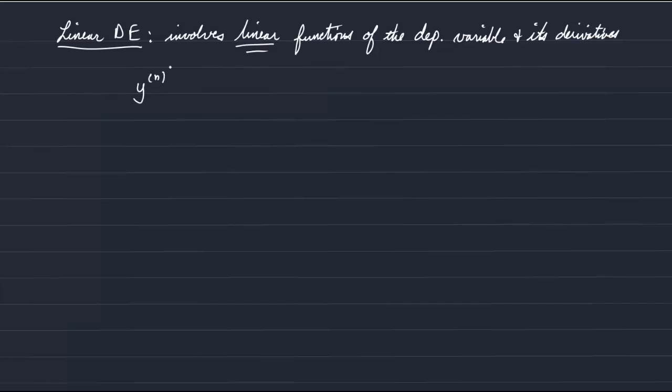So I'm going to write the nth derivative of y first. And I'll put the n in parentheses just as Greenberg does to denote the nth derivative, followed by a linear function of the n minus 1 derivative, followed by a linear function of the n minus 2 derivative.